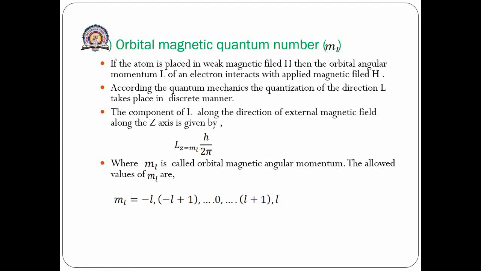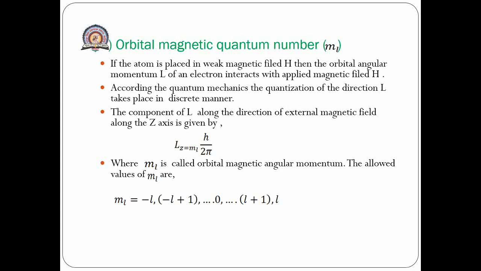Next is the orbital magnetic quantum number ml. If the atom is placed in a weak magnetic field H bar, then the orbital angular momentum L bar of an electron interacts with the applied magnetic field, and the quantization of the direction of L bar takes place in a discrete manner.